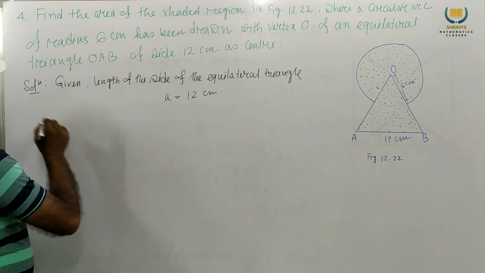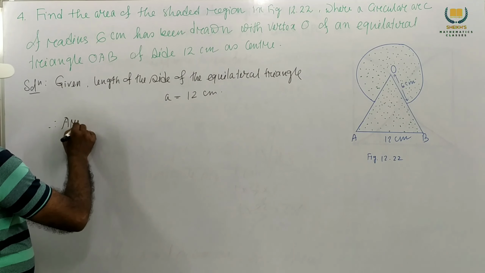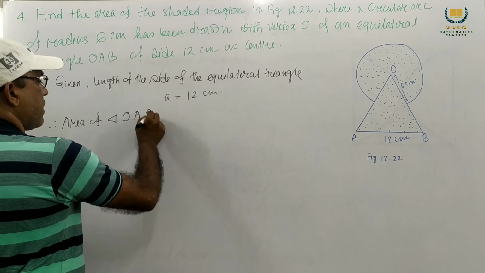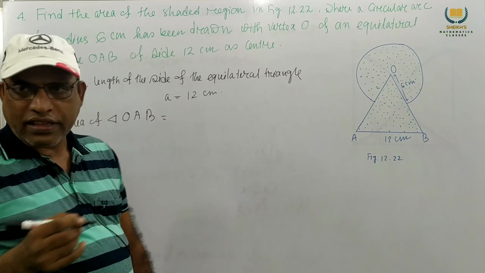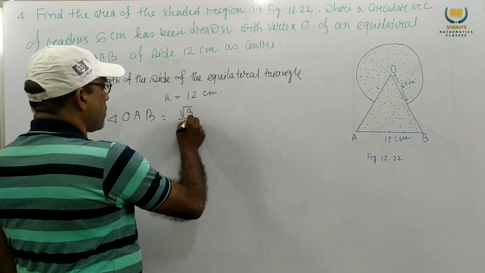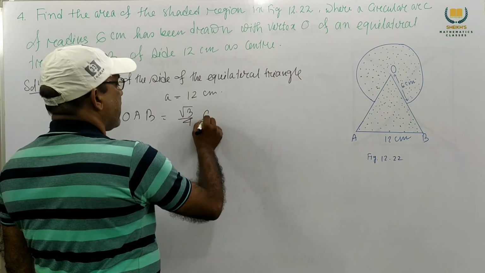Therefore the area of triangle OAB equals, since this is an equilateral triangle, root 3 by 4 a square.